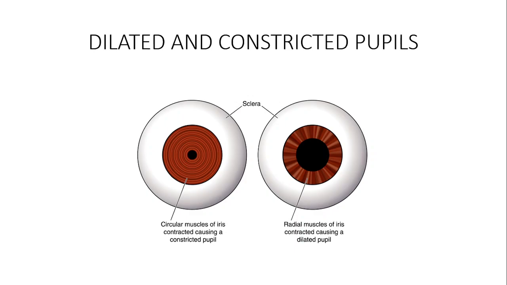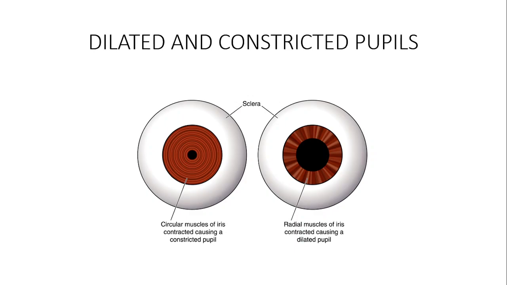So, what are the functions of the iris and, of course, the pupil? Remember that the iris or the pupil regulate the amount of light which can enter onto our retina. Is that clear? It regulates the amount of light which can enter the retina.